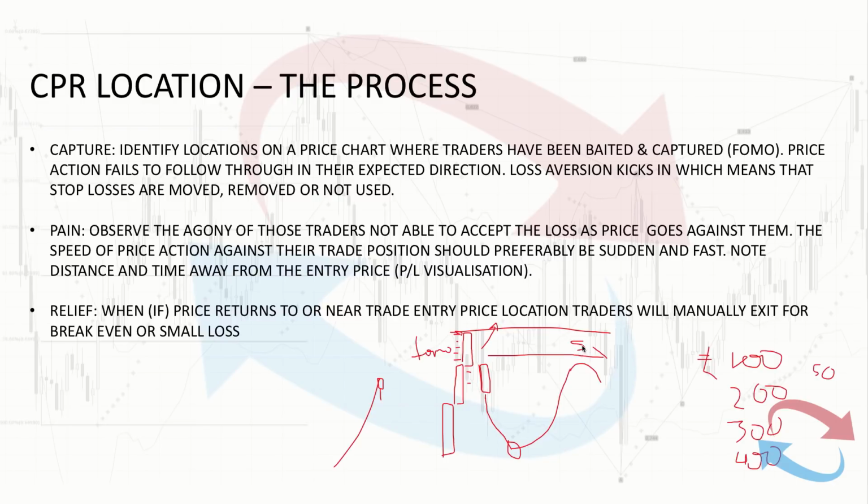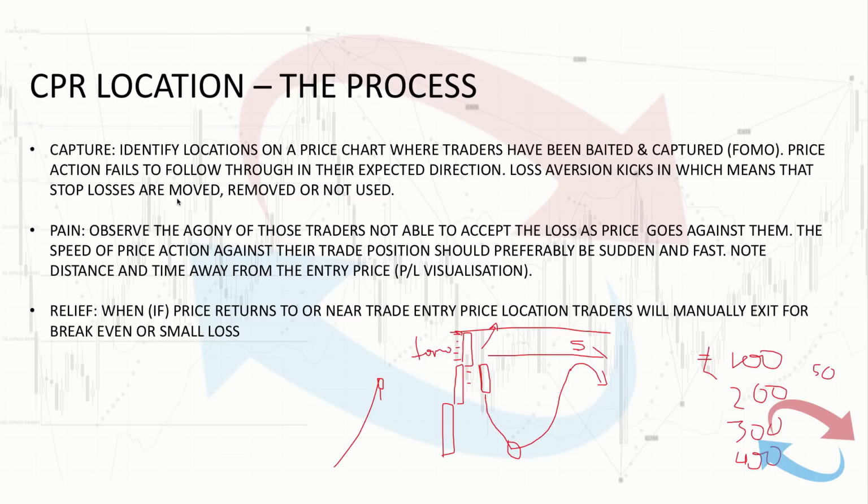So that's where we're taking advantage of traders who suffer from FOMO, who suffer from loss aversion. And what we're going to do is take advantage and get in on the supply, the sell orders, and the imbalance of supply and demand orders at this level, right, and we are going to look to trade to the downside.